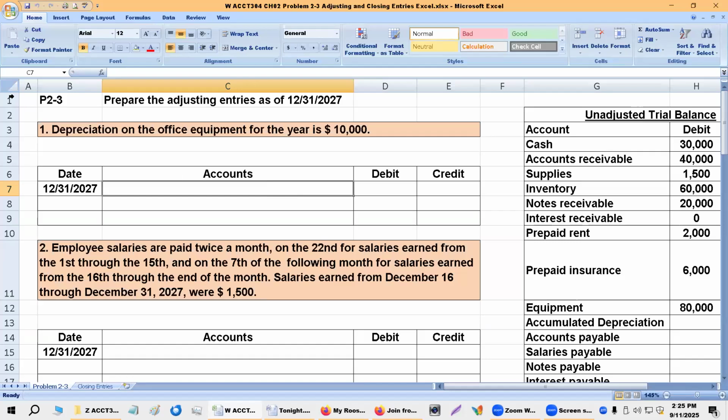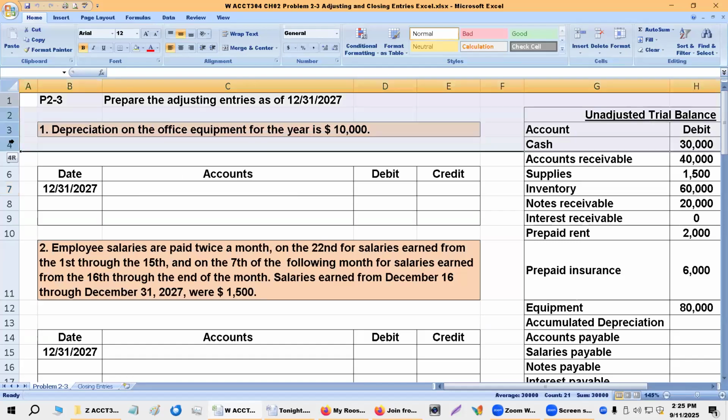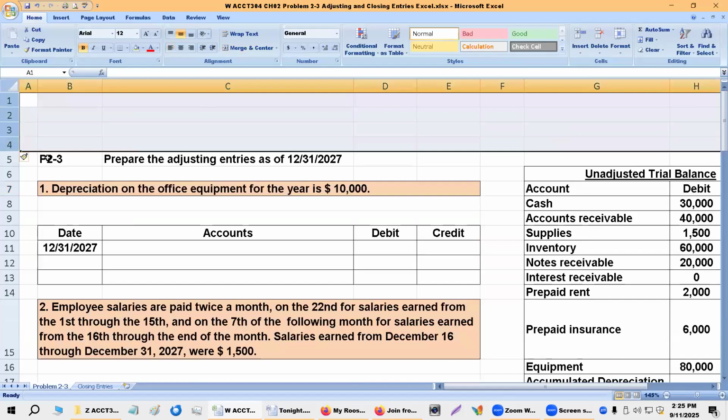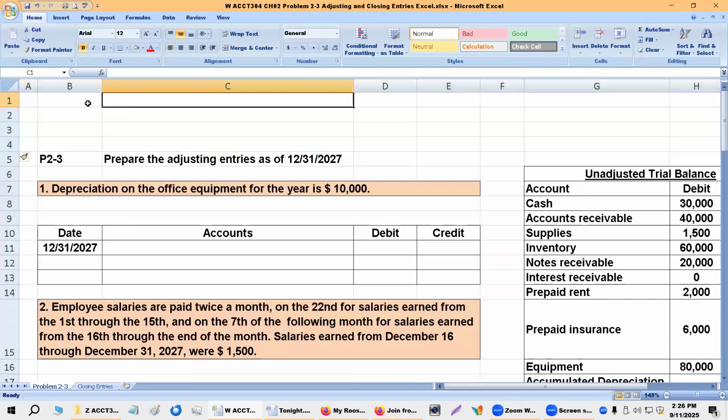I might put a few notes on adjusting entries here. You don't have to put this in, but it's good.